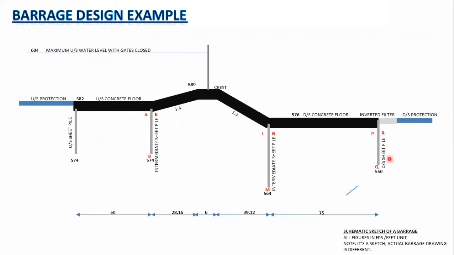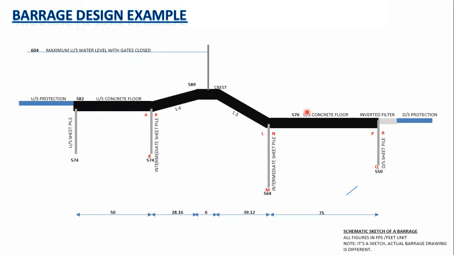We have several thumb rules and empirical relations which give us the length of the hydraulic jump. So the length of the downstream concrete floor is equal to the length of the hydraulic jump, and the downstream protection, downstream of the hydraulic jump, is a further safety measure provided in a barrage.